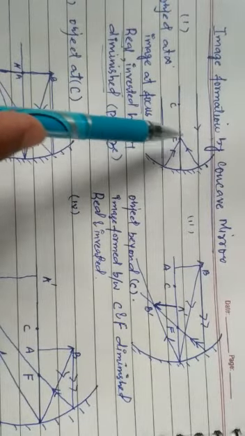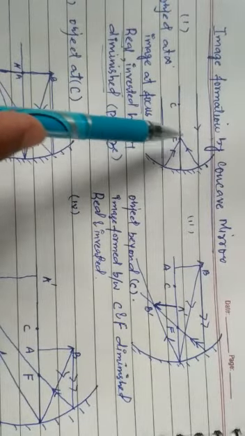Another ray from this very point is inclined at an angle and is incident at the pole of the concave mirror. Once it is incident at the pole of the mirror, it reflects such that the principal axis acts as a normal. Then it is going to reflect like this, and it is going to meet the first one at this very point.